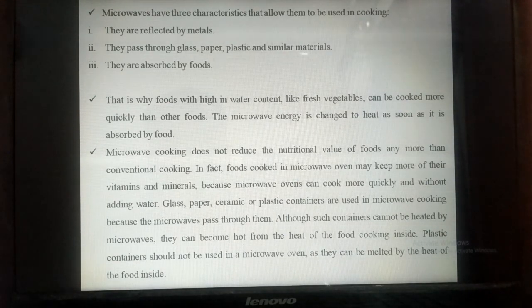Glass, paper, ceramic, or plastic containers are used in microwave cooking because the microwaves pass through them. Although such containers cannot be heated by microwaves, they can become hot from the heat of the food cooking inside. Plastic containers should not be used in a microwave oven as they can be melted by the heat of the food inside. This is the microwave.